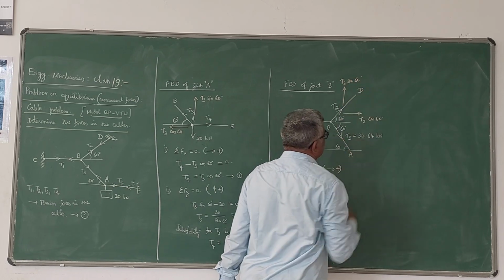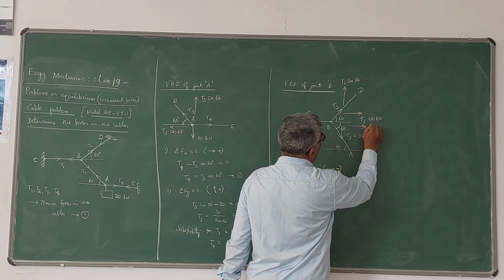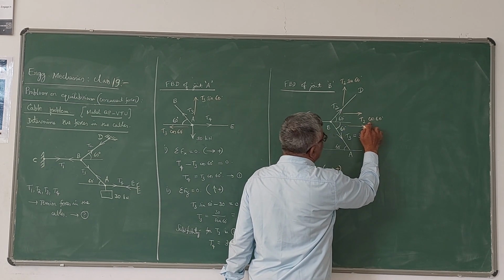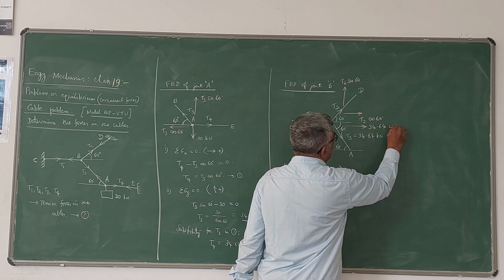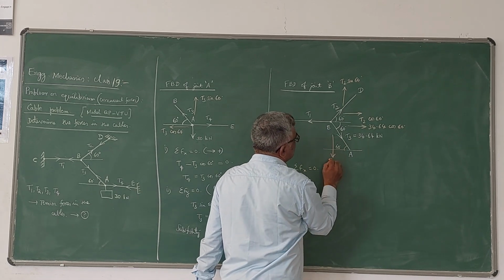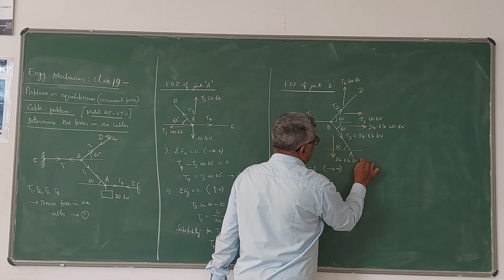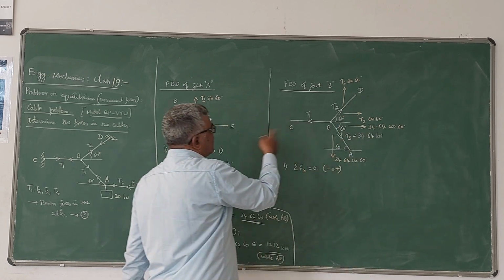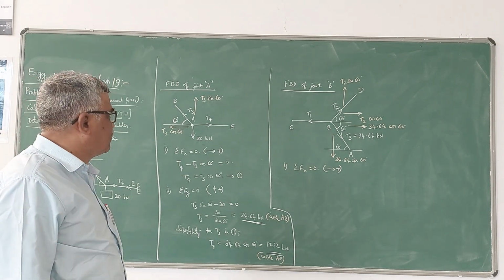T3 is in the fourth quadrant. T3 is known now, 34.64 cos 60, where 60 degrees is the angle with the horizontal, and the vertical is 34.64 sin 60. T1 doesn't have any vertical component because it is a horizontal force.